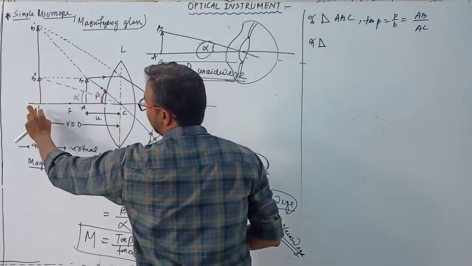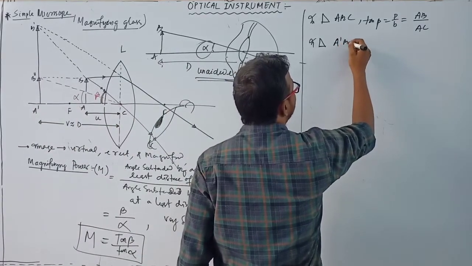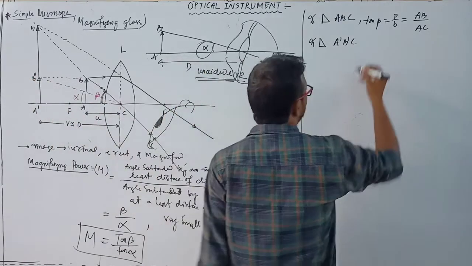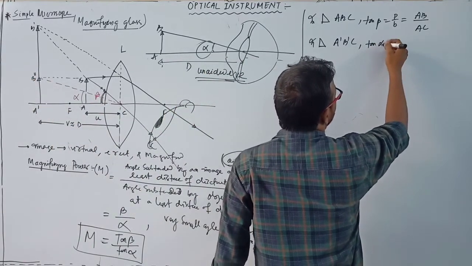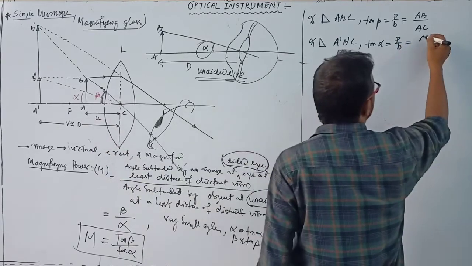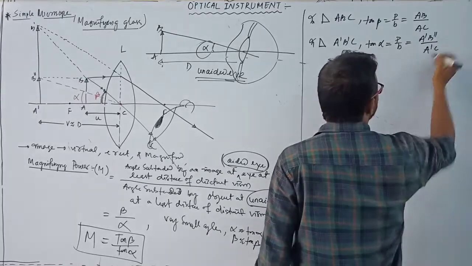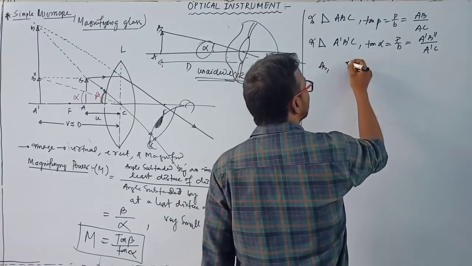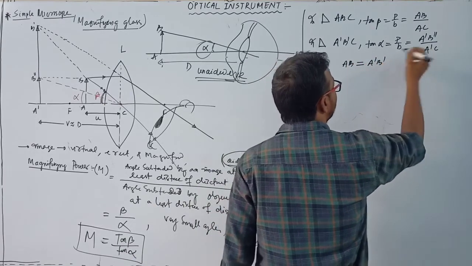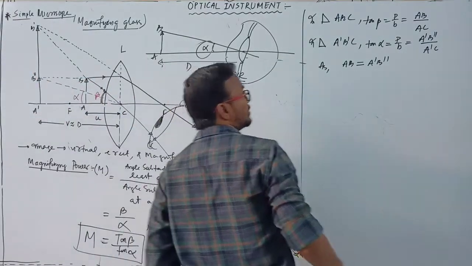At that time we can write in triangle A dash B double dash C, where C is the common angle, that tan alpha is equal to perpendicular upon base, that is A dash B double dash divided by A dash C. AB is equal to A dash B double dash here.